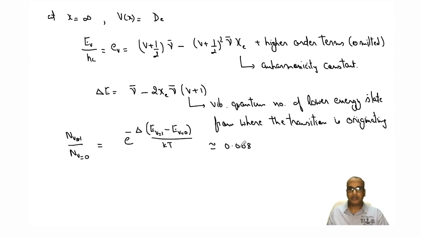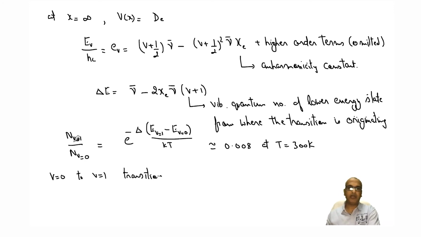This will be equal to 0.008 at room temperature, 300 K. Similarly, you can estimate the population difference between v equal to 1 to v equal to 2, right? That will be very, very small. So that means if the population difference is very small, the intensity of that vibrational line will also be very weak, right?